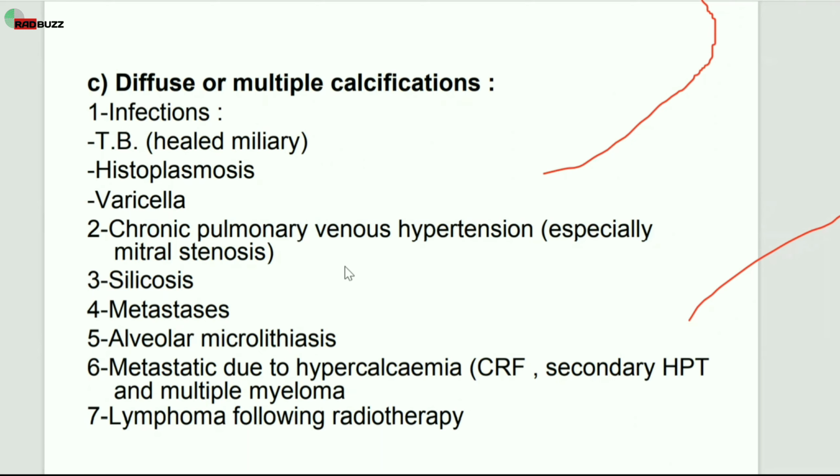Metastases, as I discussed before, can be multiple. Alveolar microlithiasis will have smaller nodules, approximately 1 millimeter each. Metastasis due to hypercalcemia, melanoma, or other hyperthyroid conditions, and lymphoma following radiotherapy. A lymphoma after radiotherapy calcifies with a mass-like appearance, not nodular.